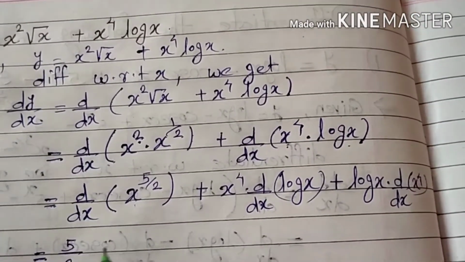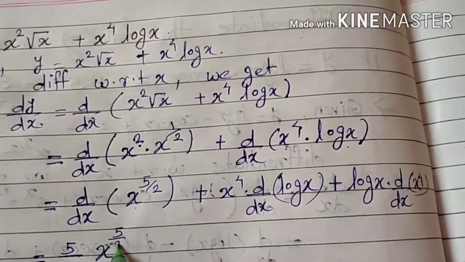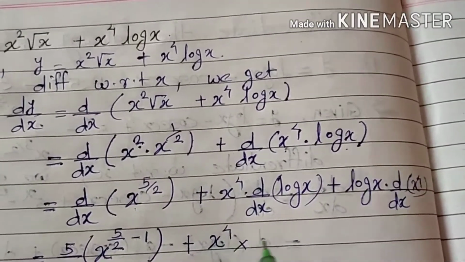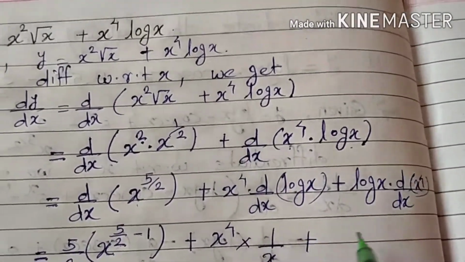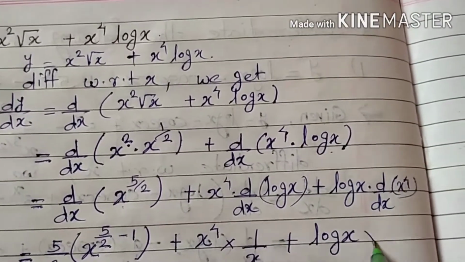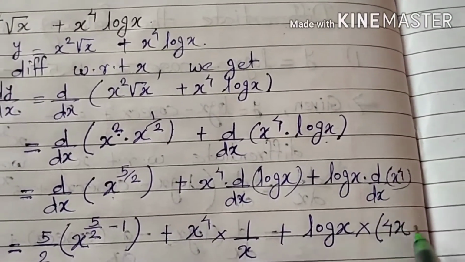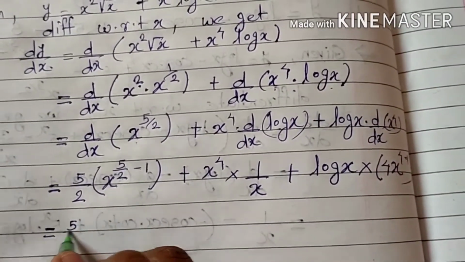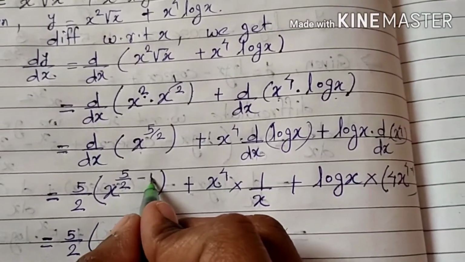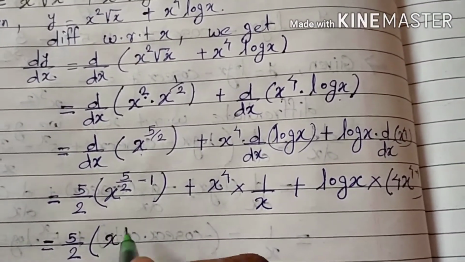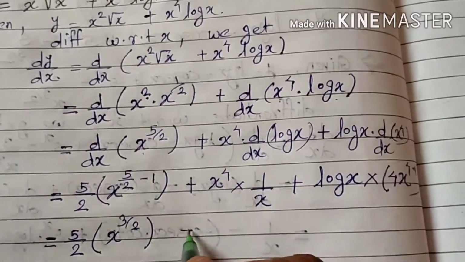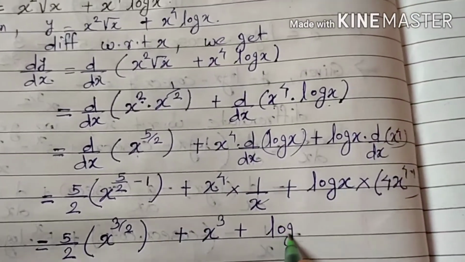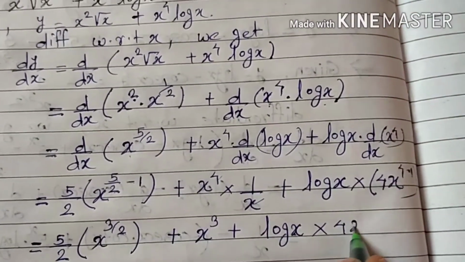So it is 5 upon 2, x raised to 5 upon 2 minus 1 plus x raised to 4, derivative of log x is 1 upon x plus log x, and here x raised to 4 is 4, x raised to 4 minus 1. So it is 5 upon 2, this is 2 into 1, 2, 5 minus 2 is 3, so x raised to 3 upon 2 plus 1x cancel, so here x cube plus log x into 4x cube.